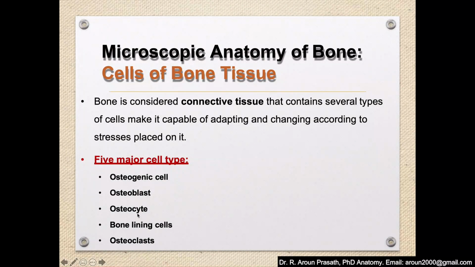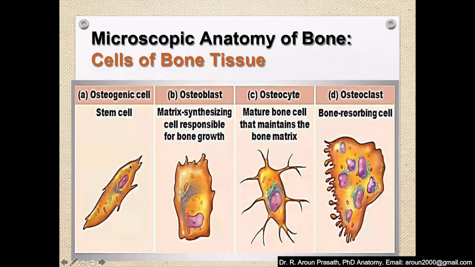The immature osteoblast cells are stem cells, called osteogenic stem cells. So let us discuss these cells one by one, then only you will understand.